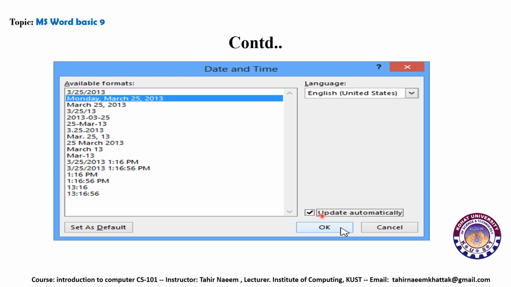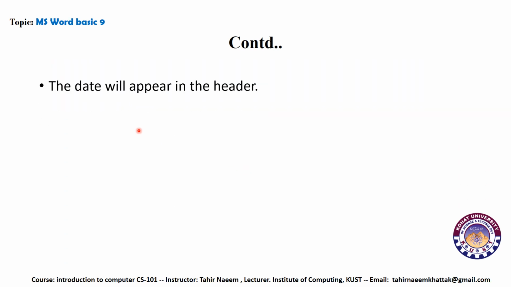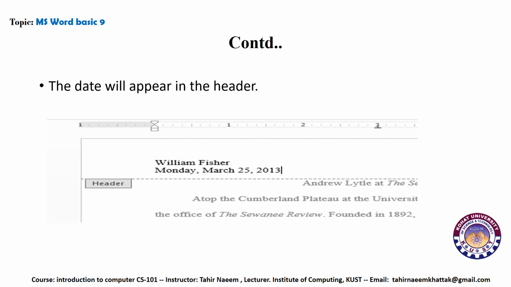If we check it, then whenever we open the document the date will be updated automatically, or if we uncheck it, then it will contain the date of the document creation. So the date will appear in the header. As you can see, where we previously placed the cursor, here we added the date and time, and we also selected the format, and this date appears in the header of our document.